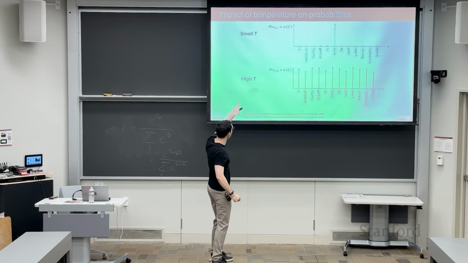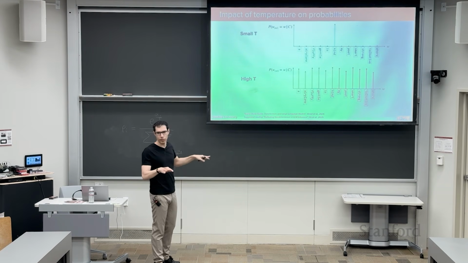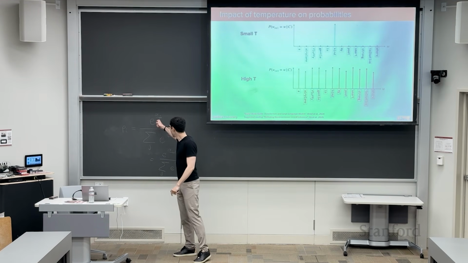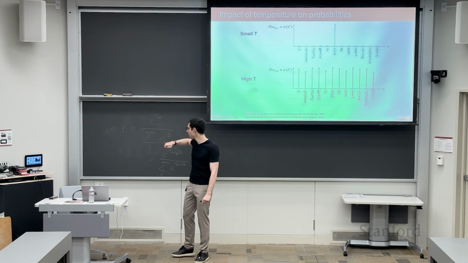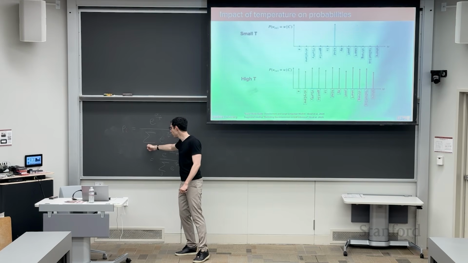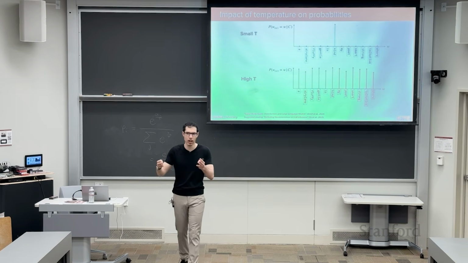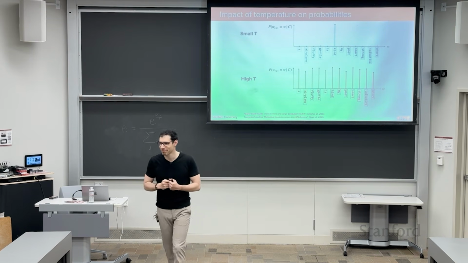And when you have a high temperature, it will look like a uniform distribution, because when t tends to plus infinity, this tends to 0. So exponential of 0 is just 1. So it's 1 over the number of j. So just a uniform distribution across all the tokens of your vocabulary.